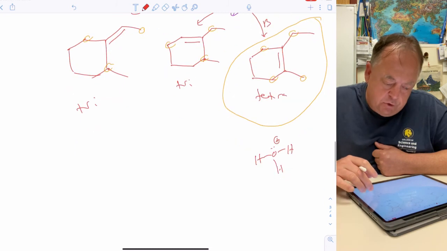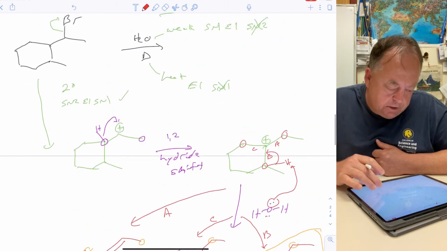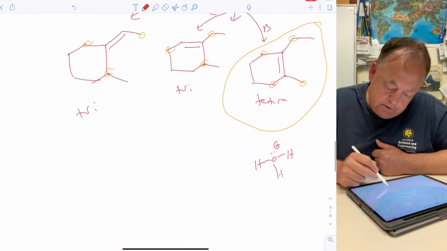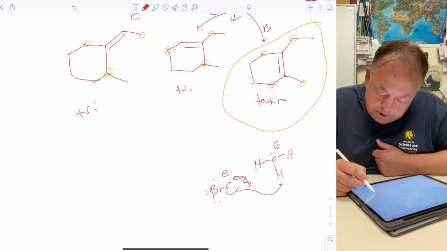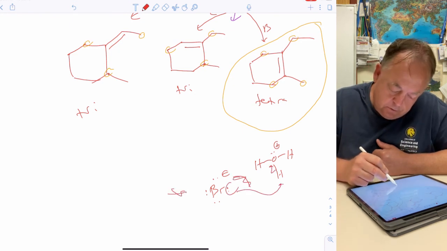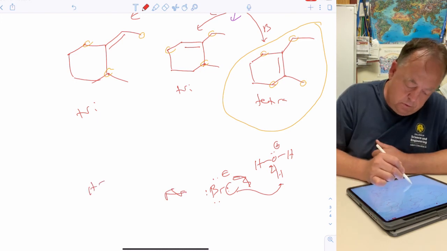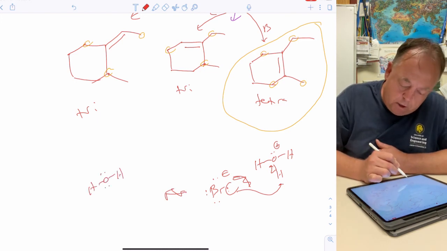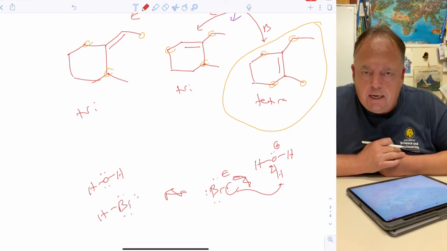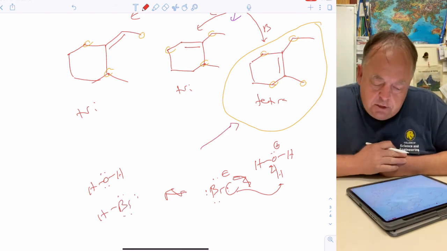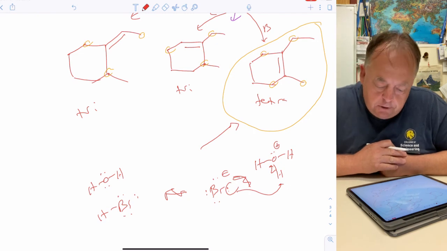So you make the H3O plus, and then since we lost Br minus in this reaction, the side product, Br minus, takes a lone pair, makes a bond to H. So you get your water molecule back, and HBr side product, but we're mainly interested in the major organic product.